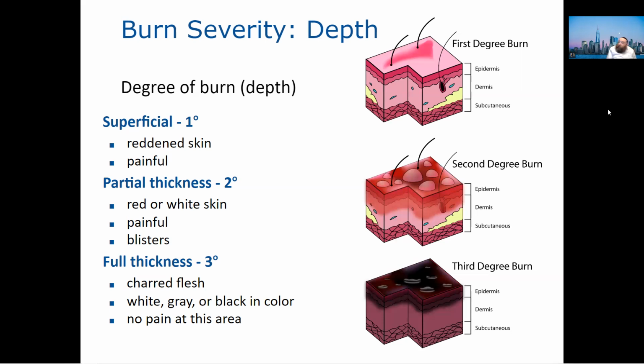Red skin. So the example I always give is a sunburn. Somebody goes out in the boiling heat and doesn't cover up properly. They get all red, arms, face, ears, neck, wherever it is. Those are 1st degree burns.